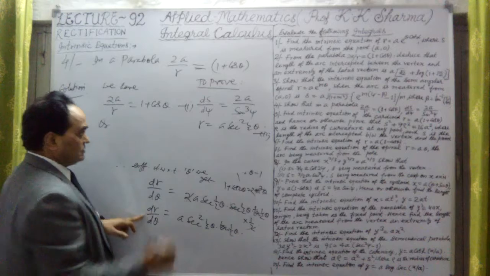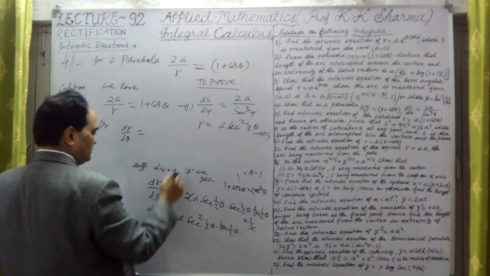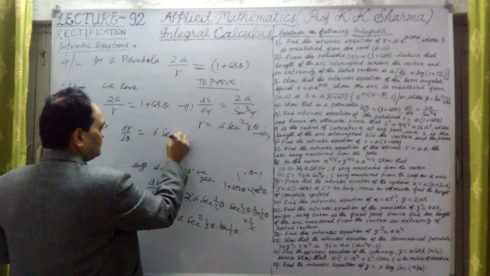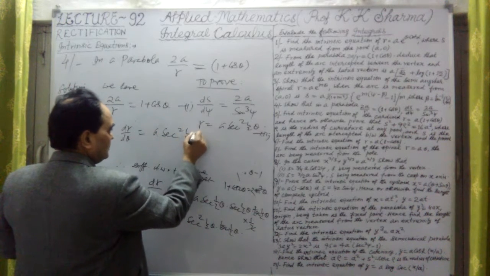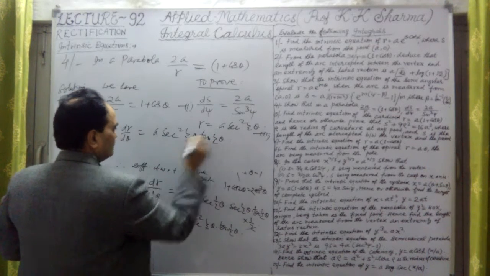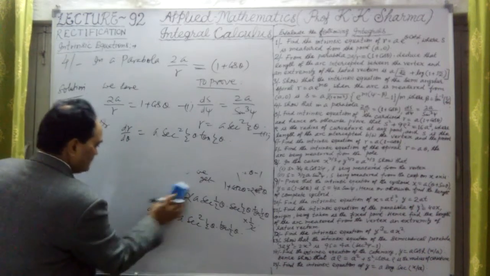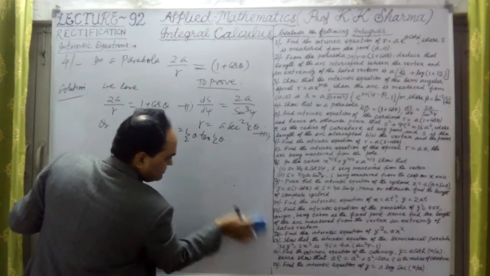Now dr d theta is a into secant square half theta into tan half theta. This is the value of dr d theta.